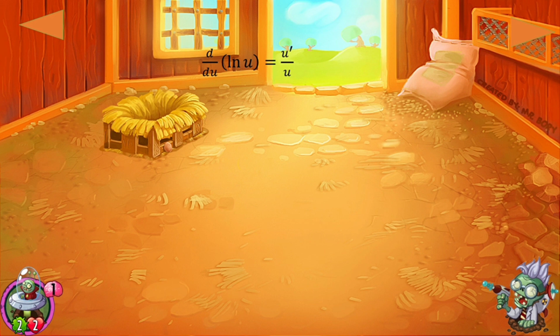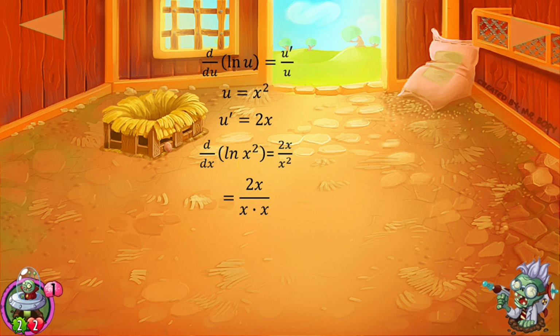So we have u as our x squared. Therefore, the derivative of u is 2x. Now, the given is the derivative of ln x squared. Therefore, the derivative of u, which is 2x, over u, which is x squared. Then we can cancel out the x's, and our answer will be 2 over x.